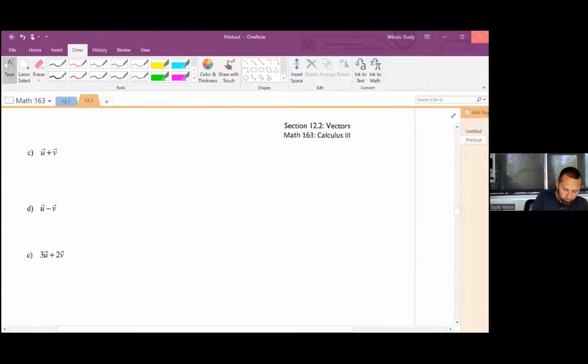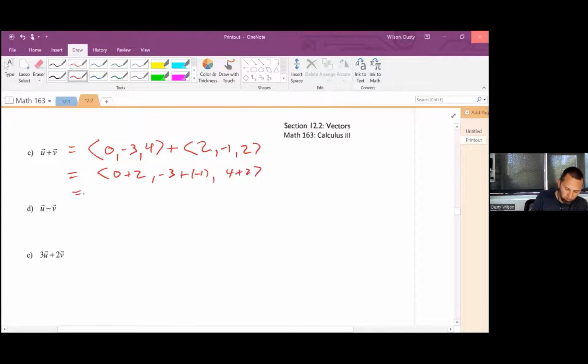If I wanted to add the two vectors, this would be saying U, which you may recall is 0, negative 3, 4, plus V, which is 2, negative 1, negative 2. So this would say add the X components, so 0 plus 2, negative 3 plus negative 1, and 4 plus negative 2, which is just 2, negative 4, and 2. And in case you're wondering, no, you don't need to show all this work on your homework.